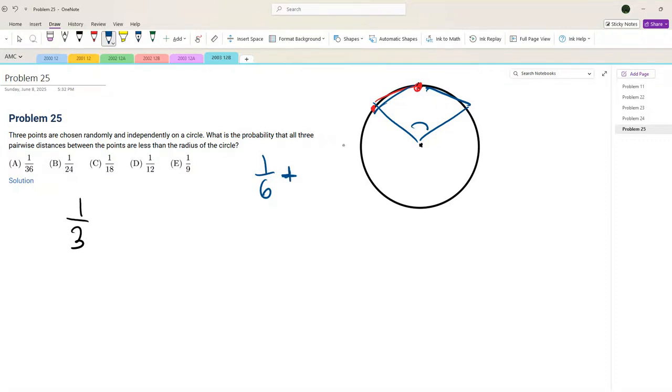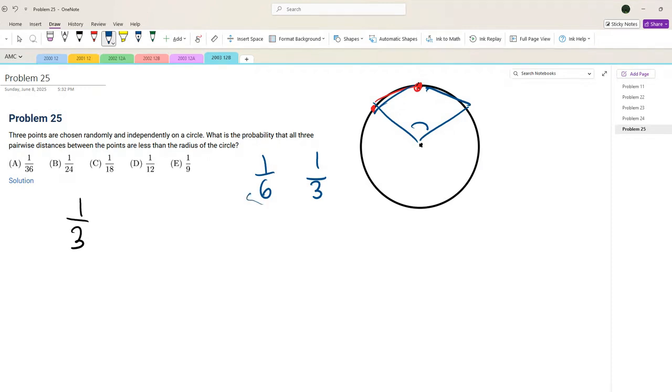So we know that as the second point moves further away from the first point, the distance that the third point can be will decrease, and you find that the increase of the distance of the second point is proportional to the decrease of the placement of the third point.